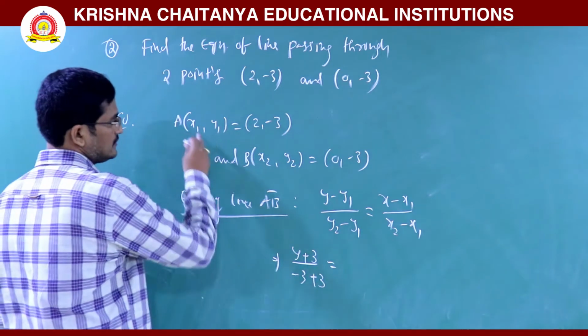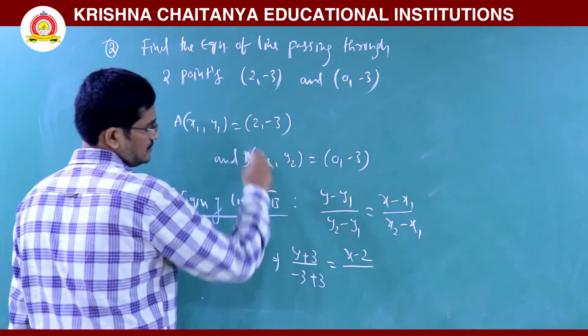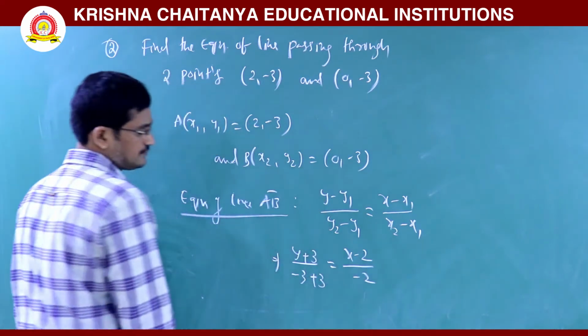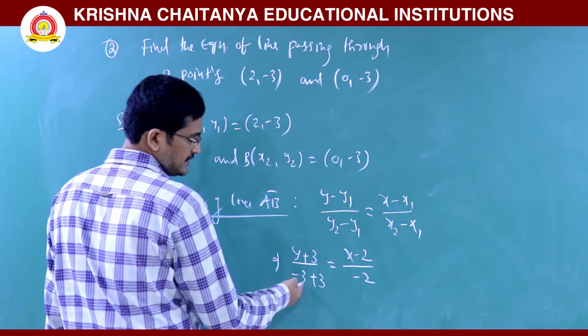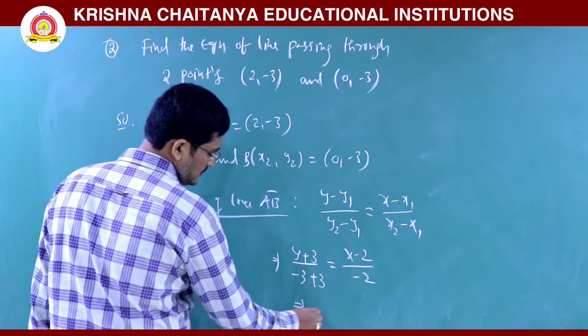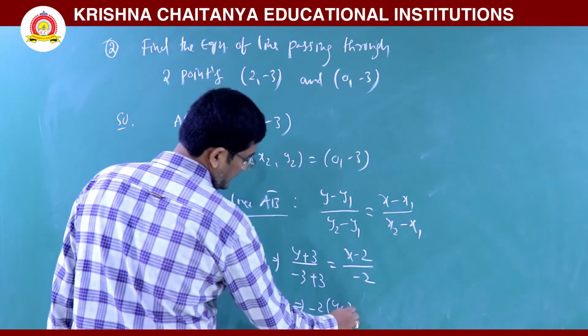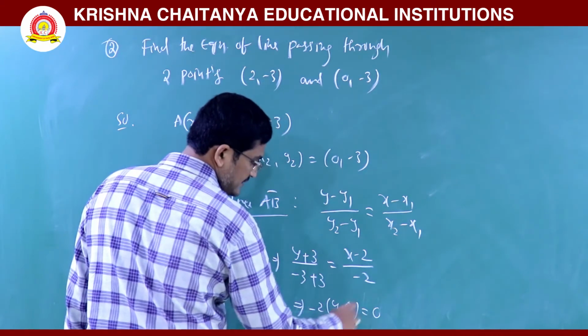And x minus x1 is x minus 2, by 0 minus 2, which is minus 2. It is easy to say this is 0 by cross multiplication; 0 into something is 0. So minus 2 into (y plus 3) equals 0. So automatically y plus 3 is 0.